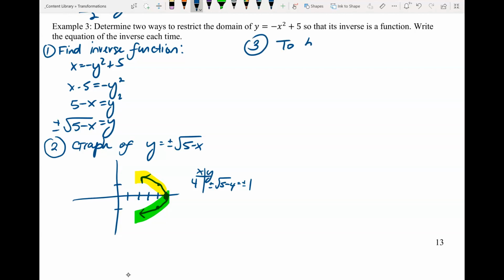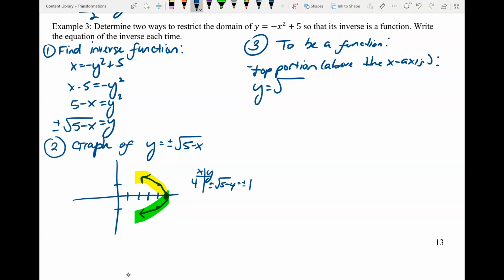So to be a function, we're going to take the top portion, which is the yellow portion that I highlighted. This is going to be y equals the root of 5 minus x, not the negative one, but the positive one.